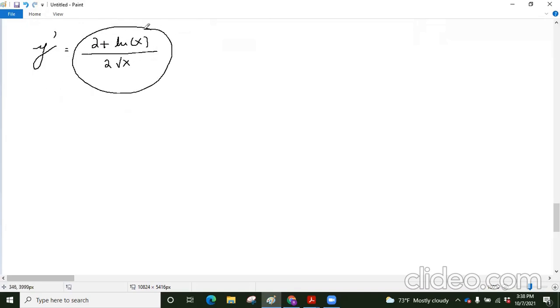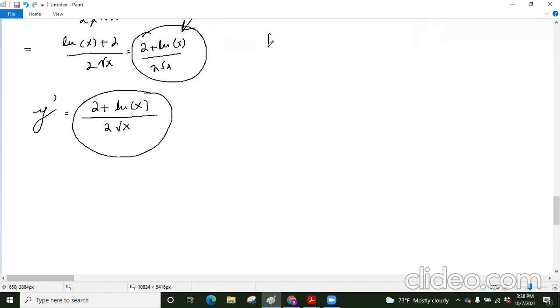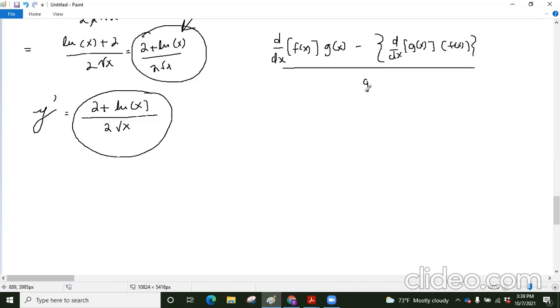This is asking for the quotient rule. And remember that the quotient rule says take the derivative d over dx of f of x multiplied by g of x, subtract the derivative of g of x multiplied by f of x, and then that's all over g of x squared.